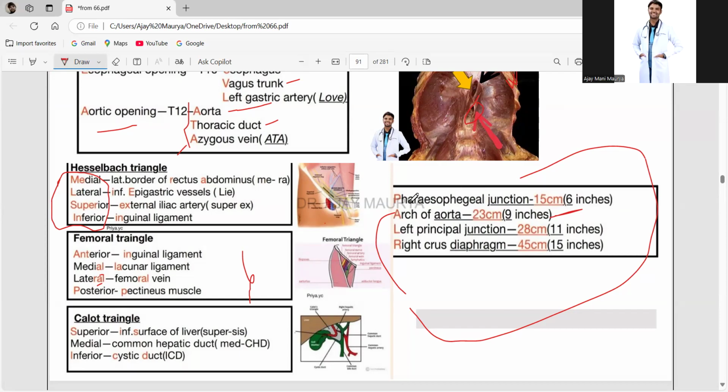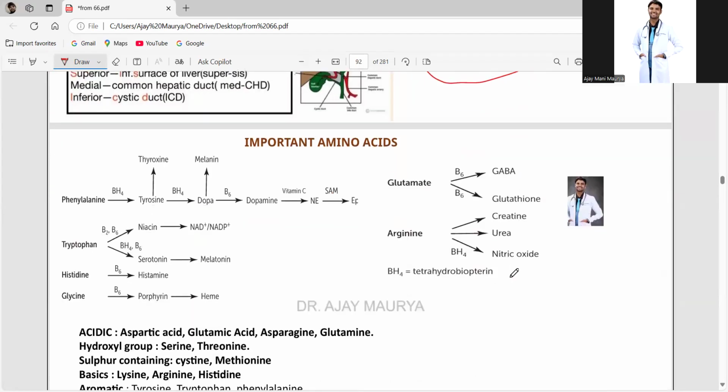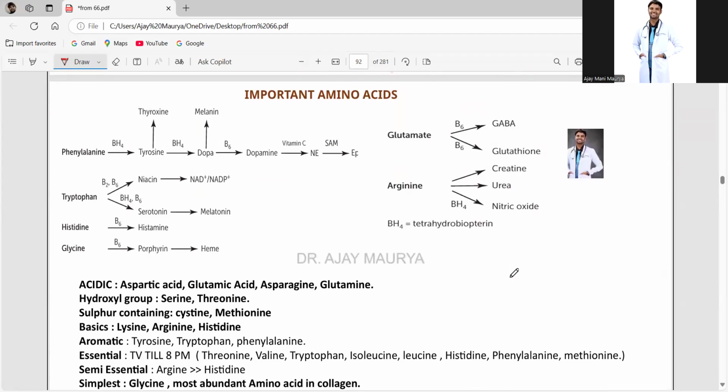Remember about the important amino acids and how they are going to test you. See tryptophan. From tryptophan, we get niacin, serotonin, and melatonin.